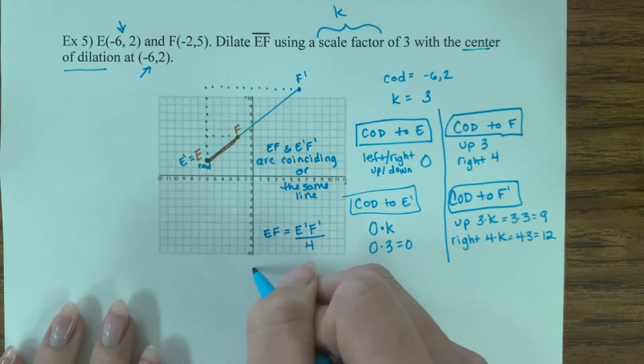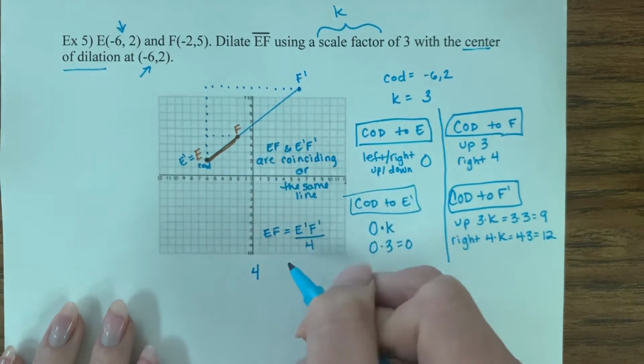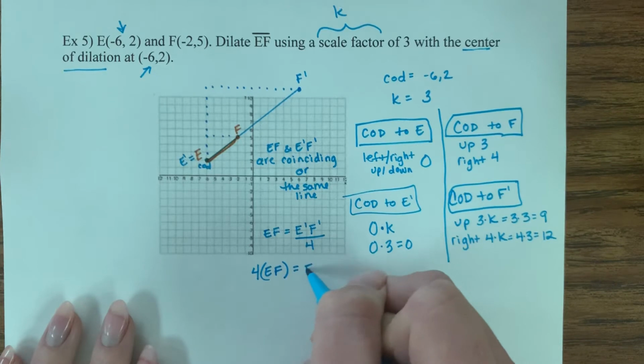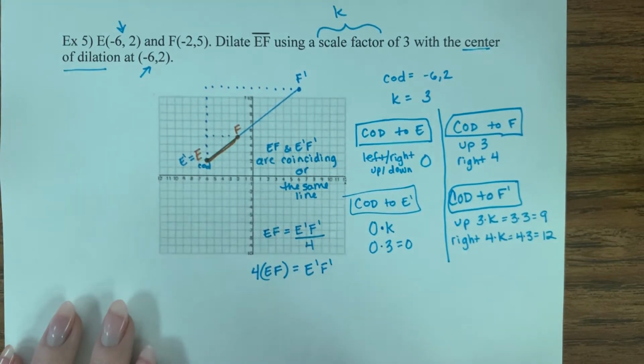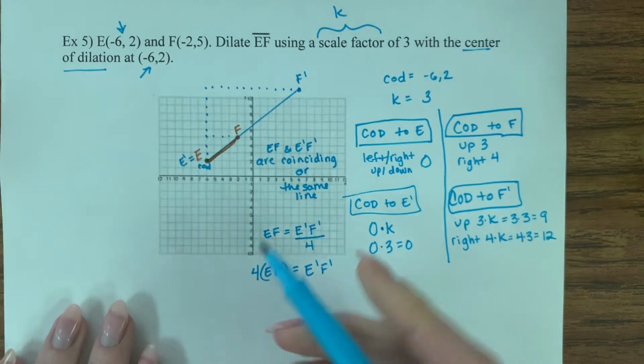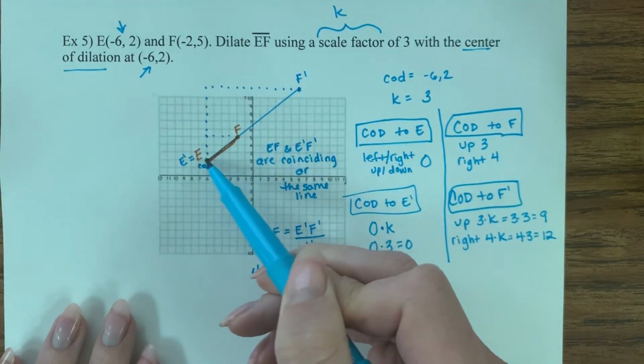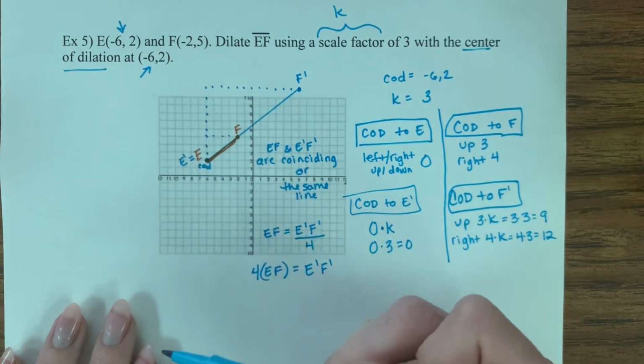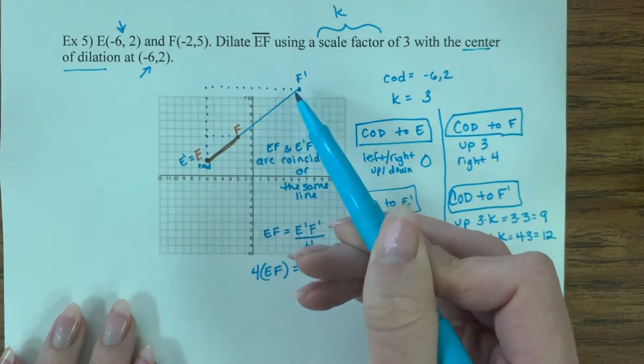Or another way of saying that is if I multiplied this little guy by 4, it would give me the length of the bigger one. So this is just an interesting case where my center of dilation was the same as one of my points, which means it actually won't change, but point F will still get farther away.